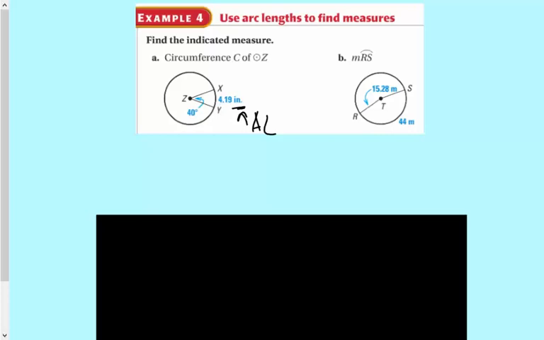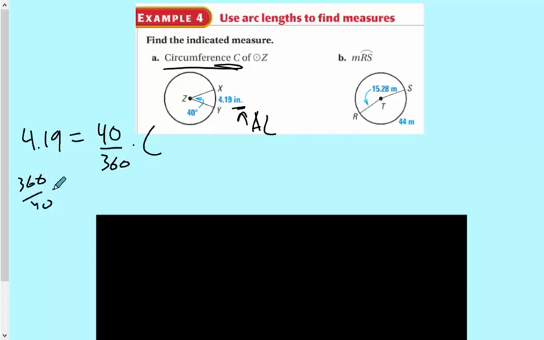Okay, so arc length is 4.19, and that's equal to 40 divided by 360, because I have 40 degrees, so the arc measure is 40 out of 360 times, let's see, what do they give us? Oh, they want us to find the circumference. So I'm just going to put a C there because that's the unknown. So I'm going to multiply both sides by 360 over 40.